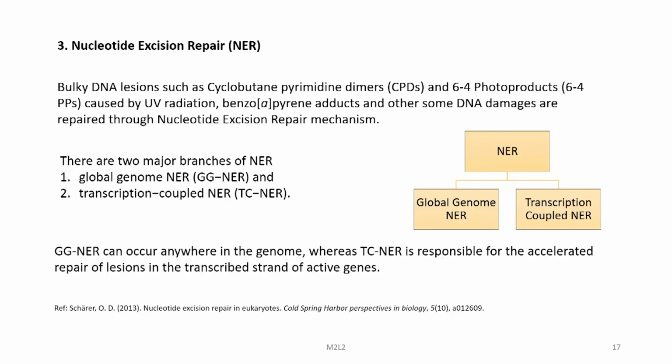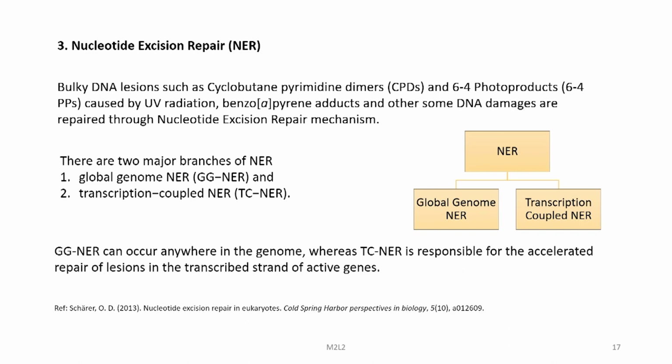Let us now go to the third type of DNA damage repair, which is called the nucleotide excision repair or NER. Bulky DNA lesions such as CPDs or cyclobutane pyrimidine dimers and 6,4 photoproducts, 6,4 PPs, resulting out of UV radiation, benzo[a]pyrene adducts and some other DNA damages are repaired by the nucleotide excision repair mechanisms.